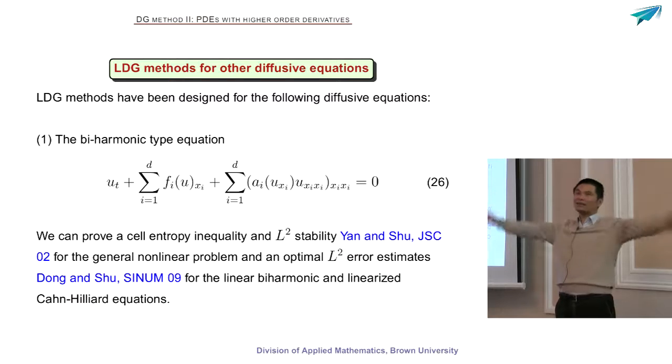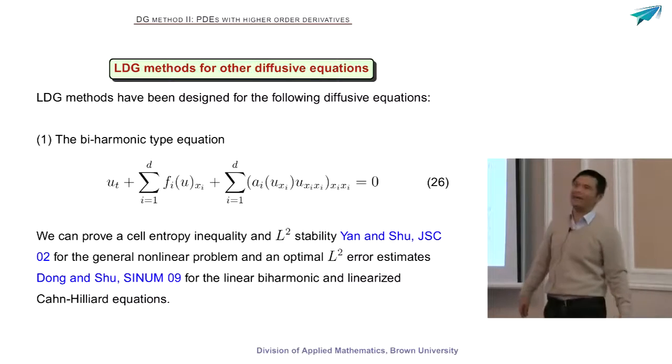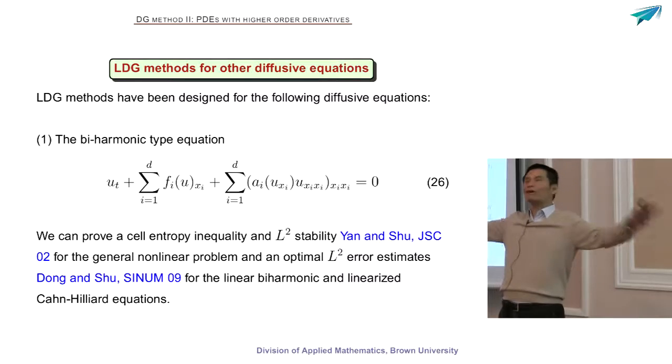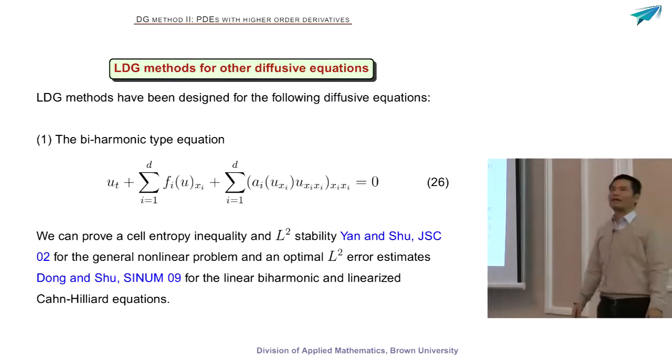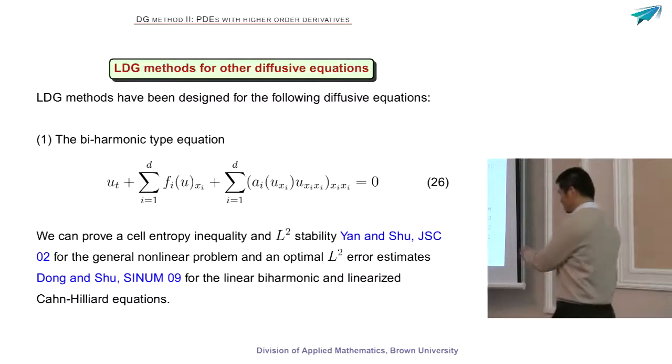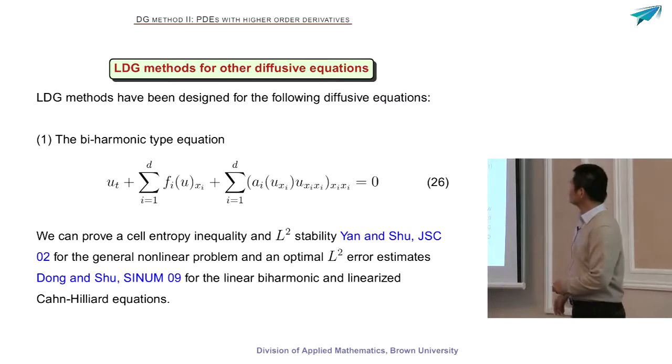The alternating can be changed independently. For example, minus plus is fine, and plus minus is also fine, and so on. All these combinations are fine. Each pair, you do alternating independently. Basically, that would give you the correct scheme. And you can show stability, and you can show order of accuracy.